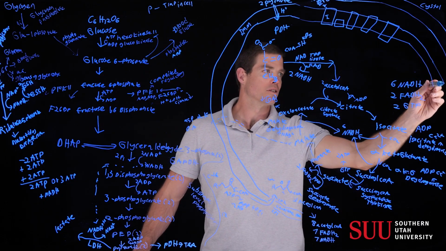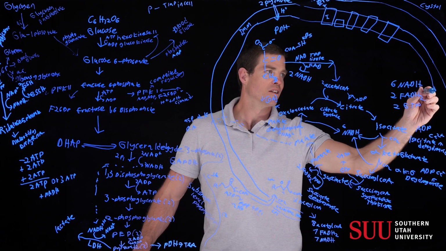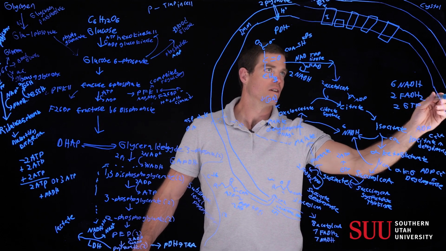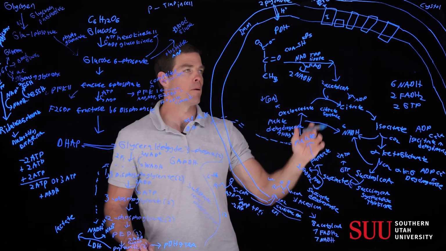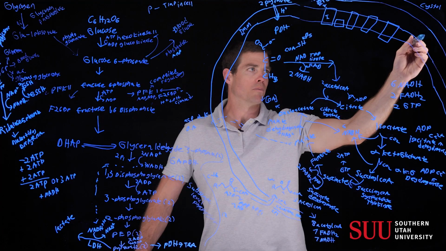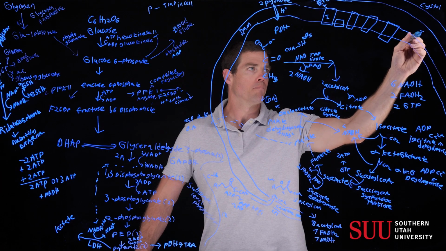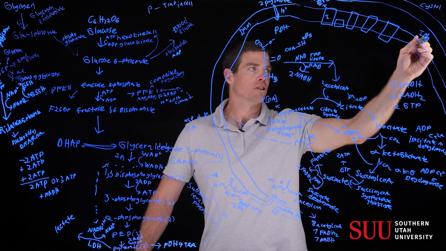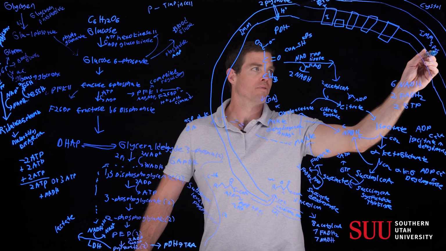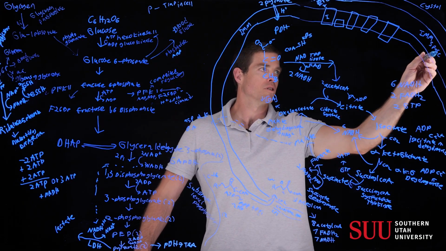All right, so there's two different membranes here, and here is the inner mitochondrial membrane. Okay, this is the inner mitochondrial membrane space specifically.